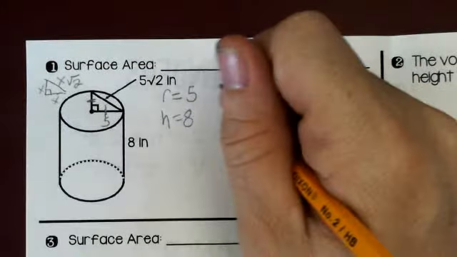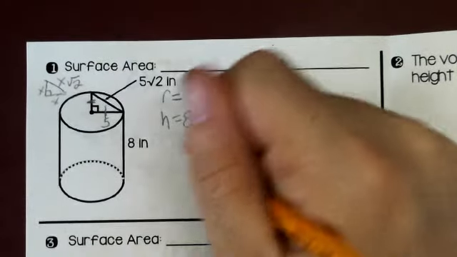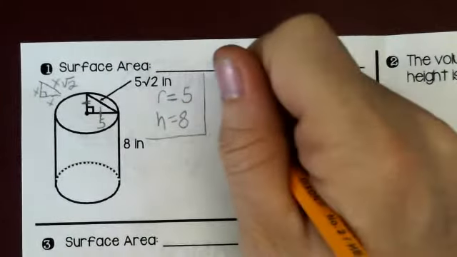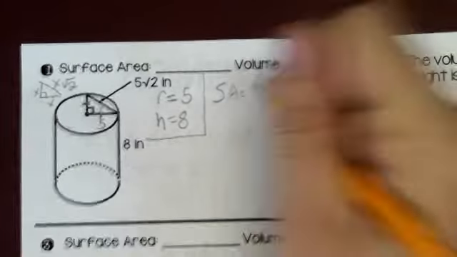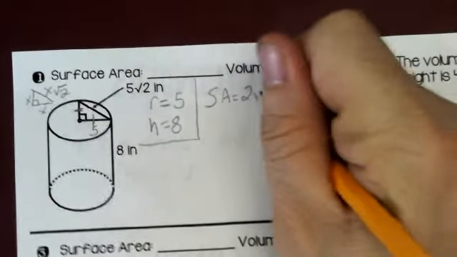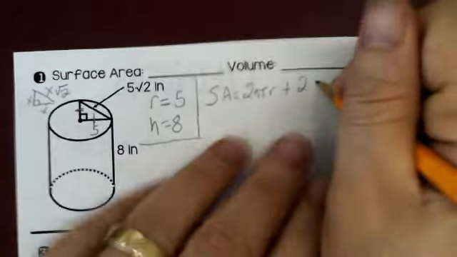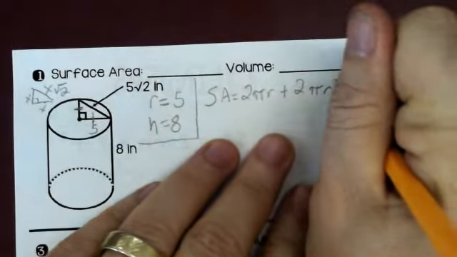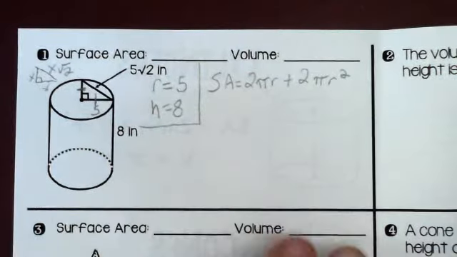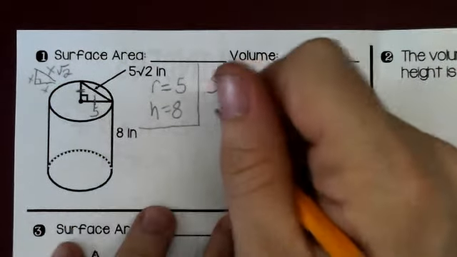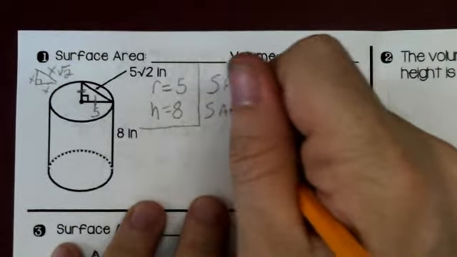So to find the surface area, we said that that was equal to 2 pi r h plus 2 pi r squared. We fill that in.